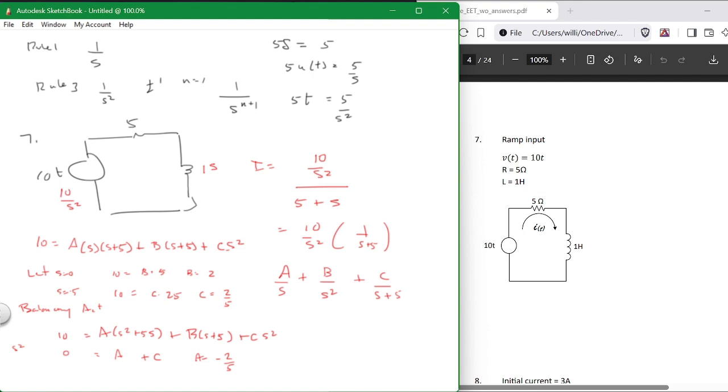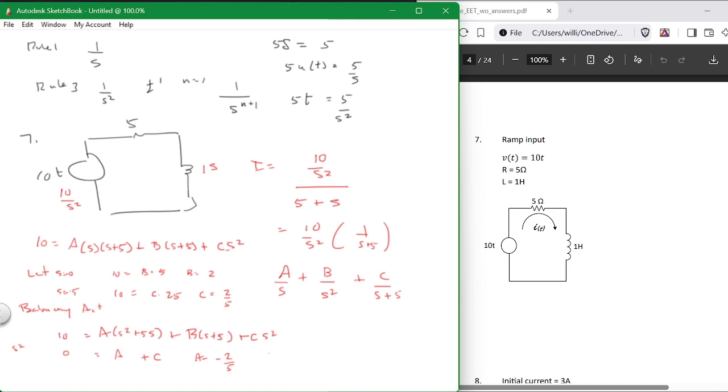You could have done the balancing act with the s to the 1 term, or with the s to the 0 term, and any of the three would have worked. Okay, enough on that.